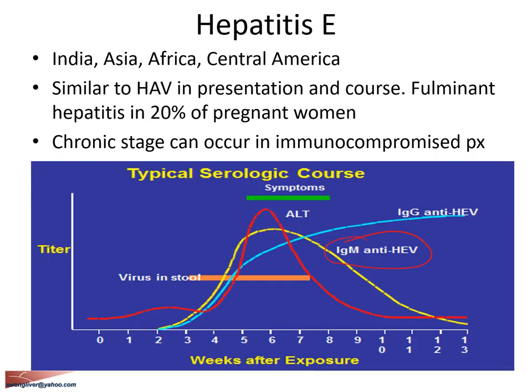So that is a typical serology course, very similar to your hepatitis A. The main difference in terms of manifestation is that, as I've said, the chronic stage can occur in immunocompromised patients. And pregnant patients are at risk to really have very severe forms of the infection.